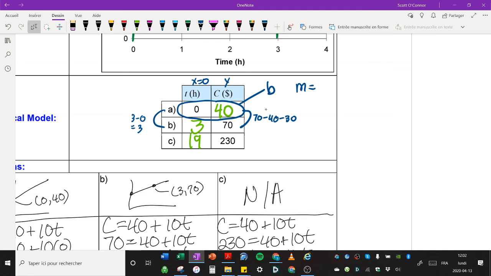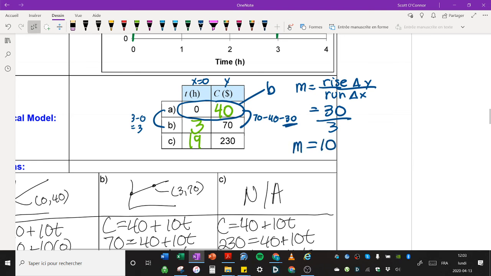So if I use rise over run, which means the change in y over the change in x. How much did y change by? Y changed by 30. How much did x change by? X changed by 3. So 30 divided by 3, and we get the slope is 10.